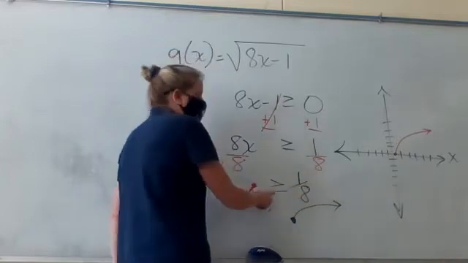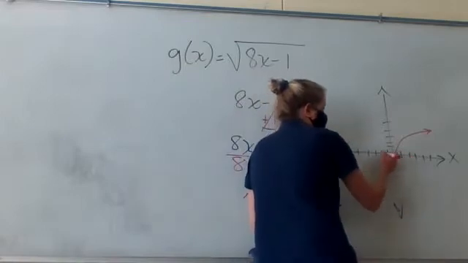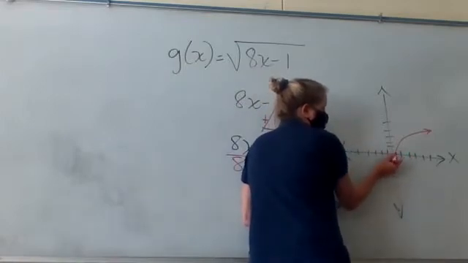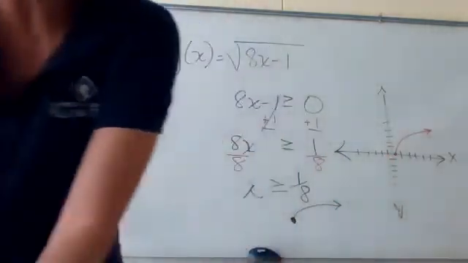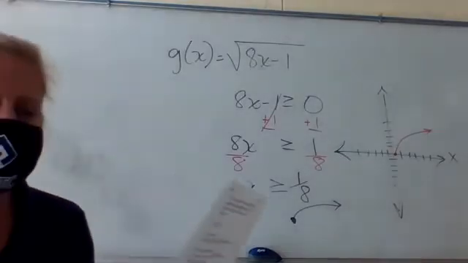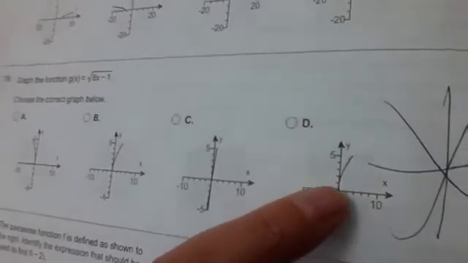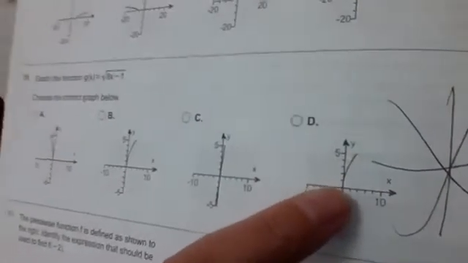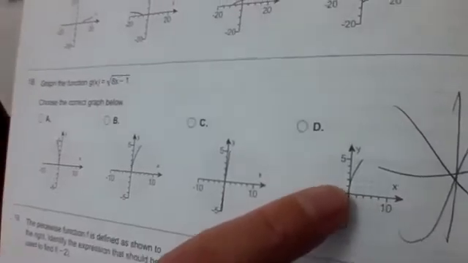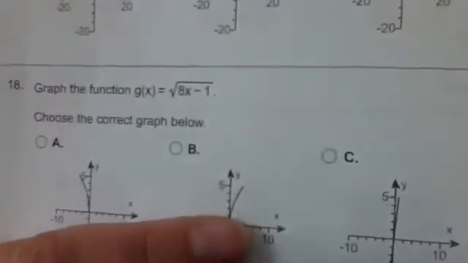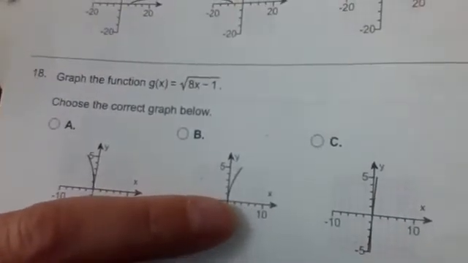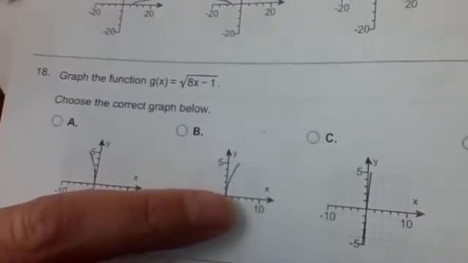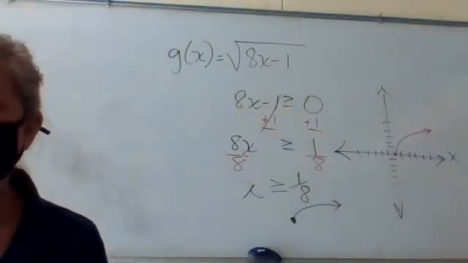X cannot be 0. So when you magnify B and D, if you magnify it on your test or your review, it actually goes to the other side, to the negative side of the x's. And B's, you'll notice, starts right to the right of the x on the x-axis. So that's how you would choose between those two.